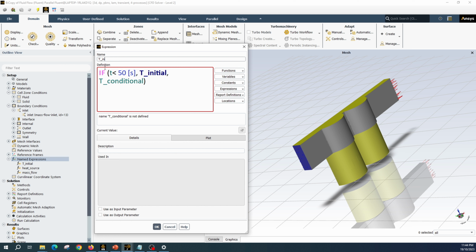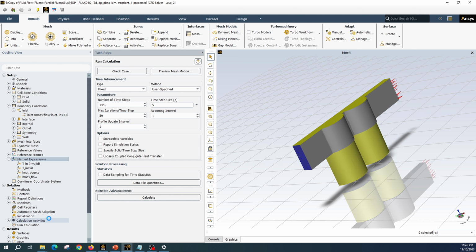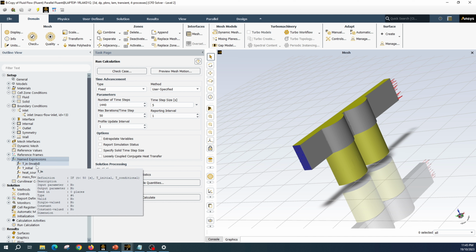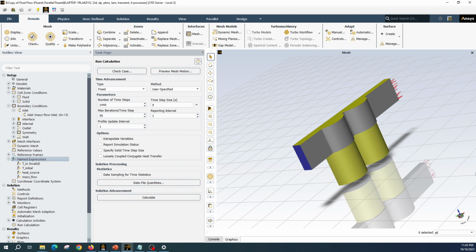Okay, that we will define into our boundary condition. But first we need to define t conditional. And we will say okay, and you can see it is saying t in is invalid because t conditional is undefined. We can now define t conditional.